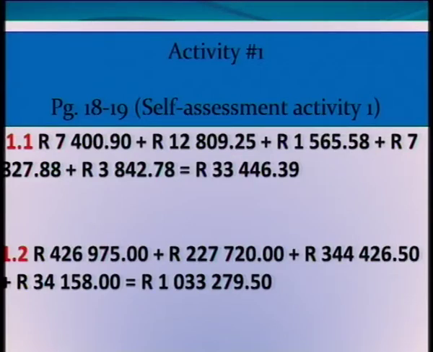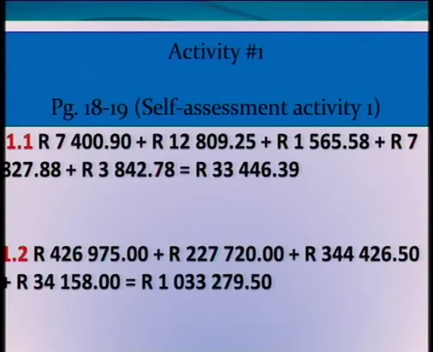We move on to calculate our non-current assets, which are made up of your land and buildings of 426.975. Together we add your motor vehicles, which is also a non-current asset, of 227.720, plus your equipment, which is 344.426.50. And then finally, your fixed assets, which is a fixed deposit.